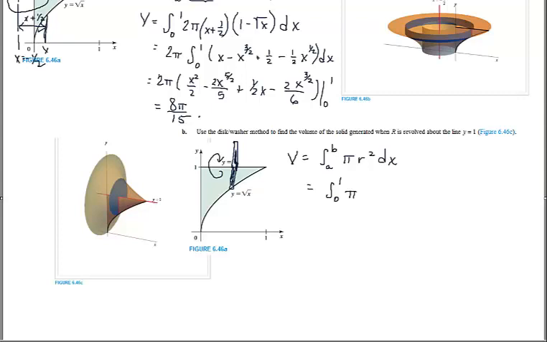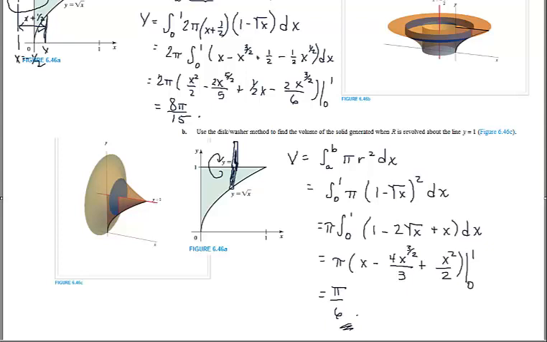The radius of this is basically the 1, because it has this whole chunk minus this empty spot, so it's really 1 minus the square root of x, quantity squared, because this is the part that makes the hole, so I have to subtract that part out, dx, and then I'll just do the integration. Alright, working through this integral, I get that the volume of this solid would be pi over 6.